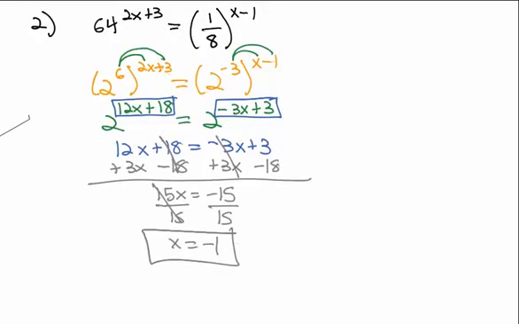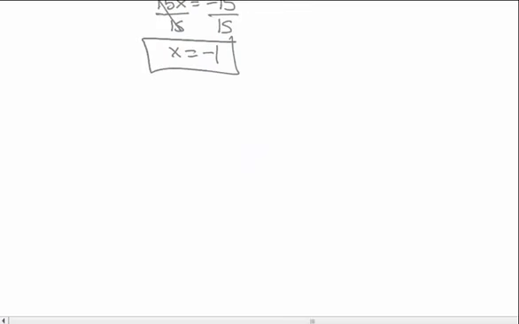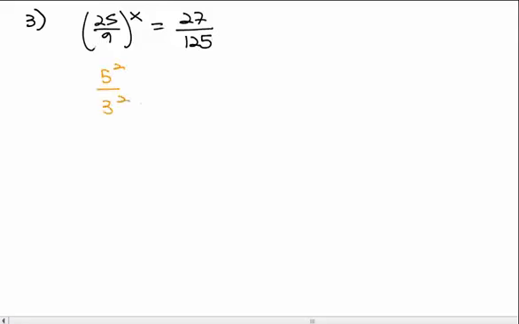Let's do one last example with these fractions and negative exponents. How about we do 25 over 9 to the x equals 27 over 125. What I want to notice is 25 is 5 squared and 9 is 3 squared.